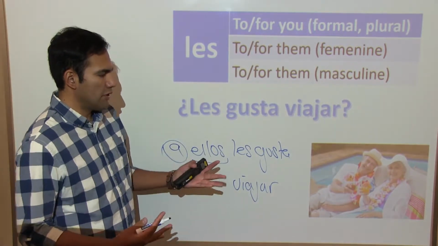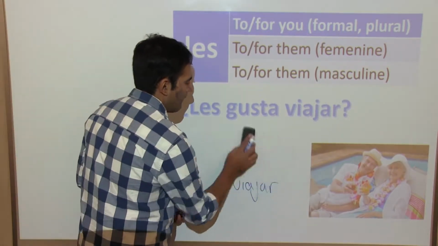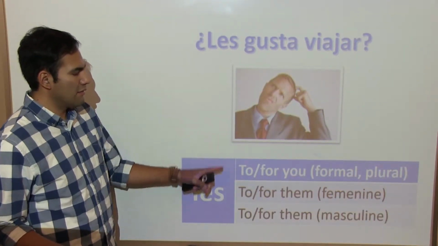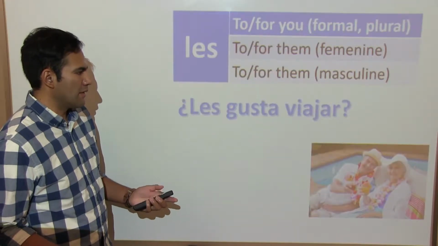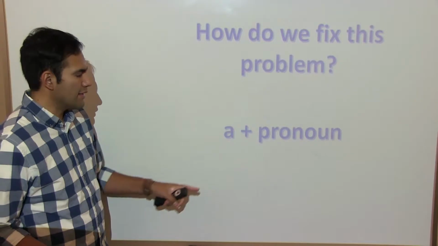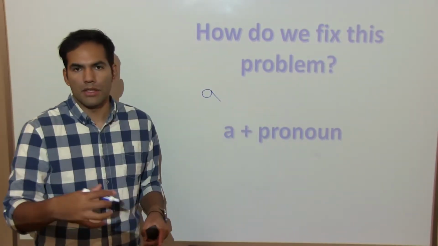So we know for sure what are we talking about. So that's the most effective, and that's basically the only way we can fix this problem or confusion on what are we talking about. So it is important for you to get that structure correct. Always add an a, and then whatever pronoun you're talking about.